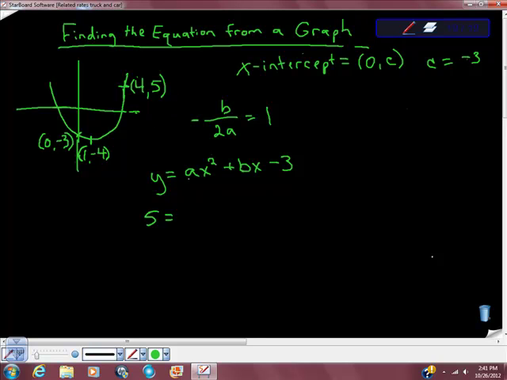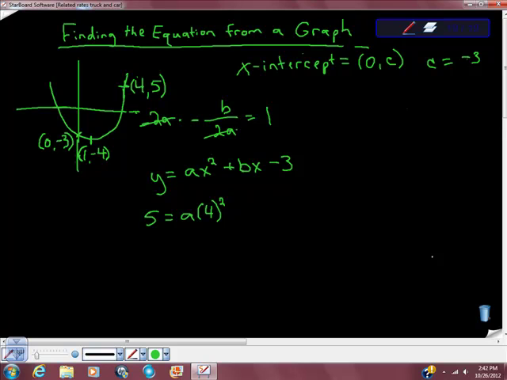5 equals, I'm just going to keep a there. That'll be my variable. And then x is 4, so times 4 squared. And now for b, that's where we go back up here. I'm going to solve this for b so that I can plug in something here in terms of a, and a will be my only variable so that I can actually solve for it. So up here, I'm going to multiply by -2a.